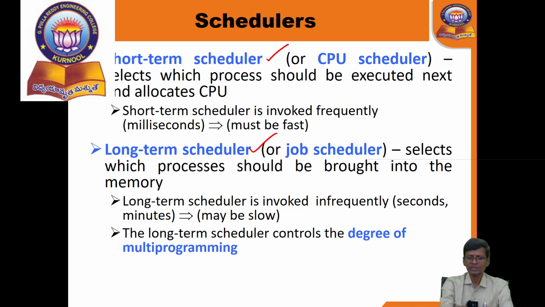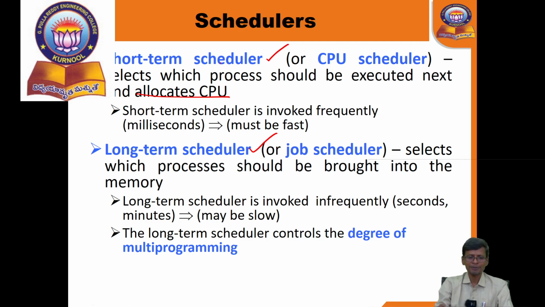And the short-term scheduler is called the CPU scheduler. We already discussed it. It is also called process scheduling or the process scheduler. It is applicable when multiple processes are ready to execute, then one process will be selected for execution, and the CPU will be allocated to that selected process. That is the difference between the short-term scheduler and the long-term scheduler.